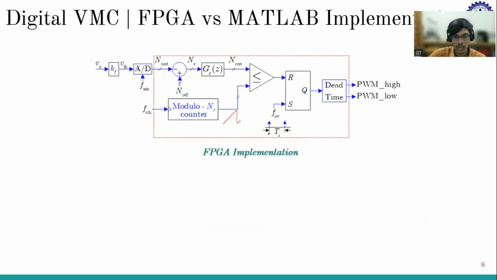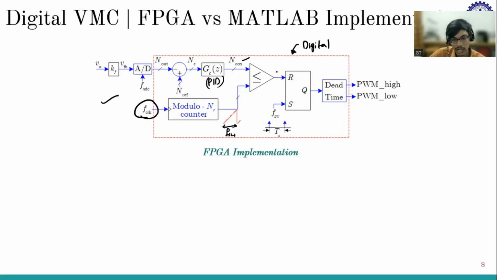So now coming into the same FPGA implementation. So this is just the same block diagram drawn in a different way. So this is again V0 with the gain V feedback going into ADC, giving the digital number. So the block is digital inside the red block, subtracted from the reference to generate error voltage, going into the PID controller, which generates the control voltage, compared with that modular counter-based DPWM, which is again using F clock, and the switching frequency is FSW.